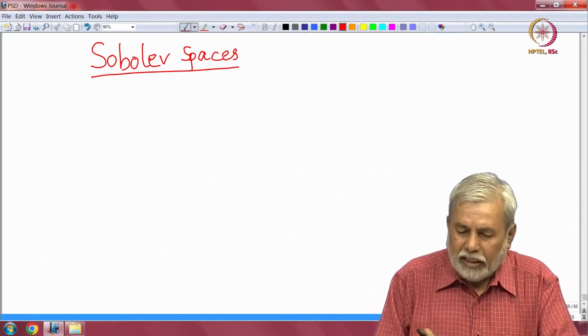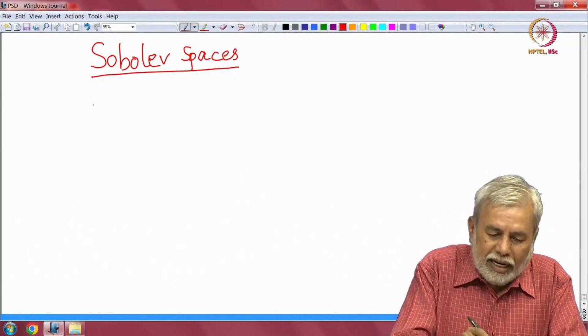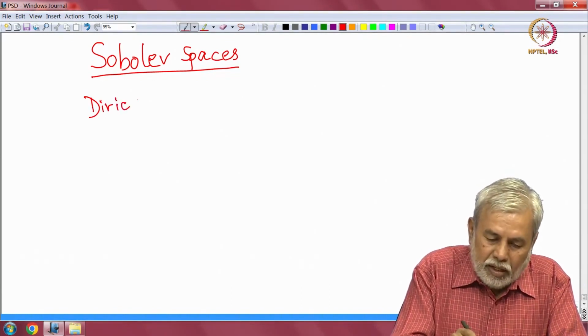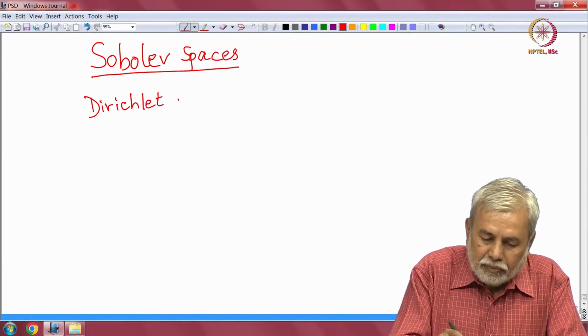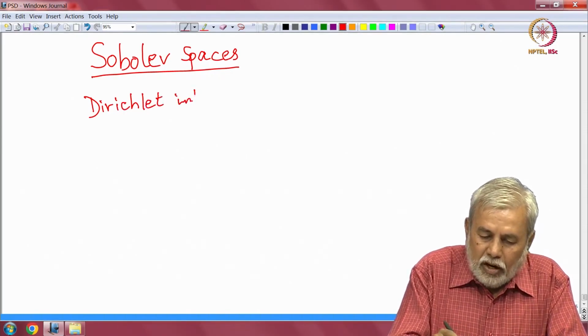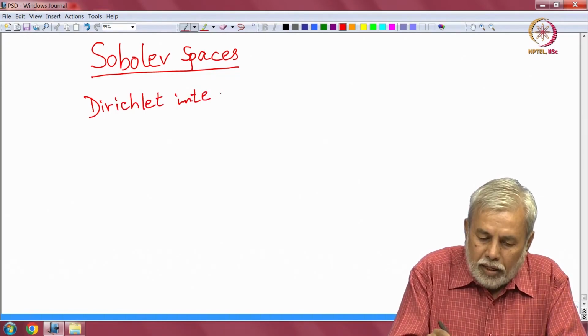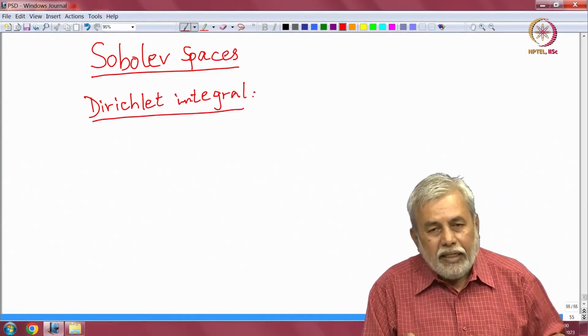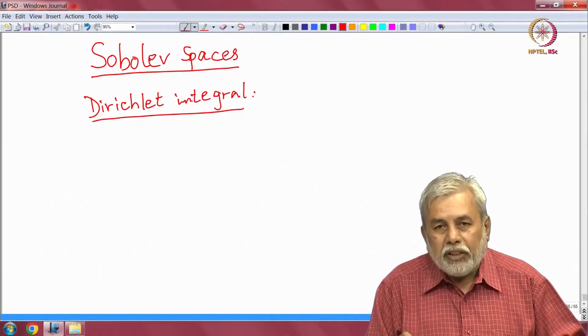It's a repetition, but again with this Dirichlet line integral, so you have already seen that. This is a bit of motivation for the study of these spaces. It's analogous to the development of Lebesgue integration theory starting from continuous functions.